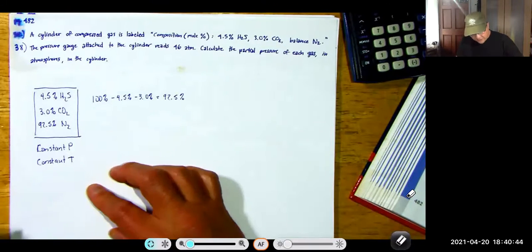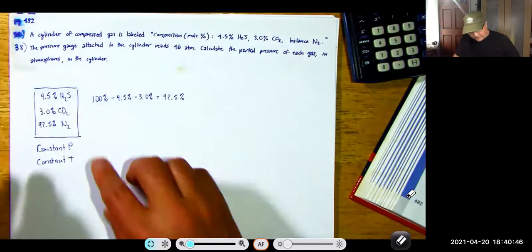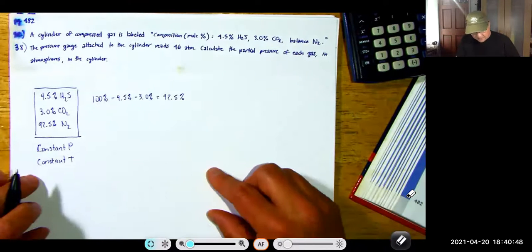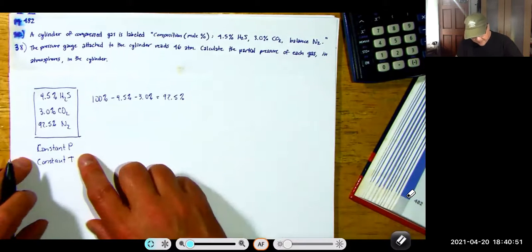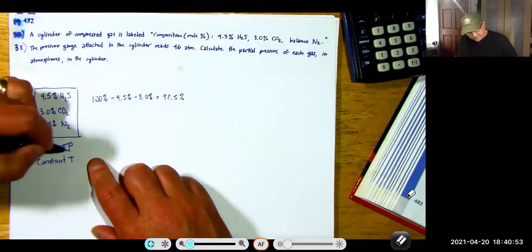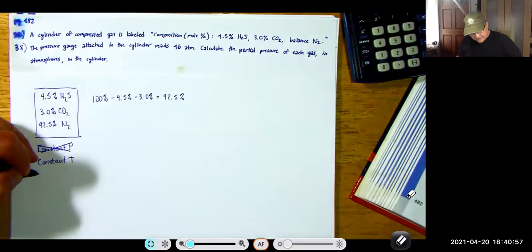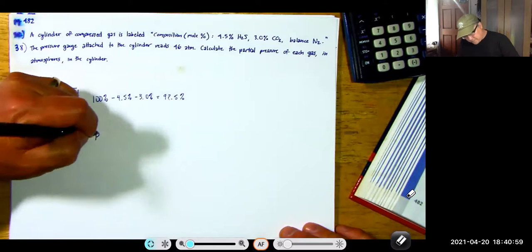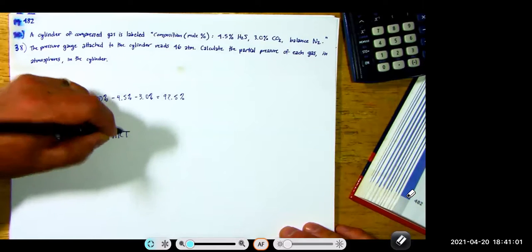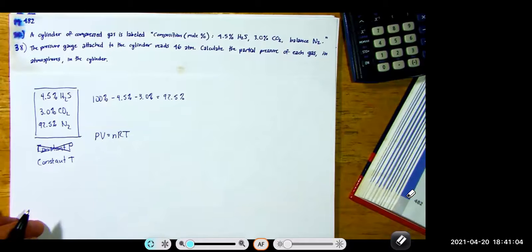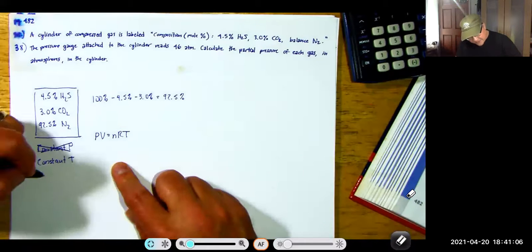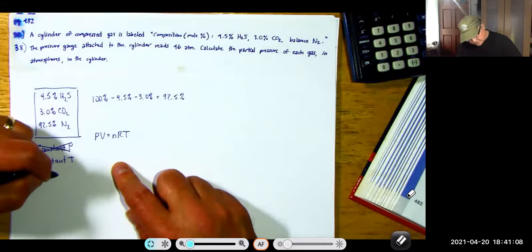So what I should say, well, actually, I don't want to say they're all at the constant pressure. In fact, I'm going to change that. And I'm going to say they're at the constant temp, but each of their individual pressures are adding to equal the atmosphere. So I am going to say constant volume.